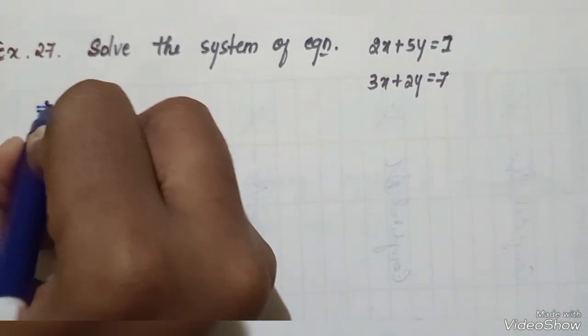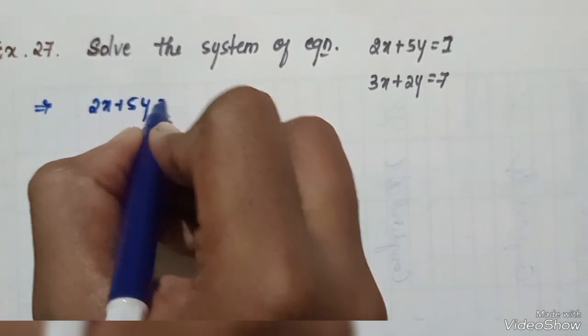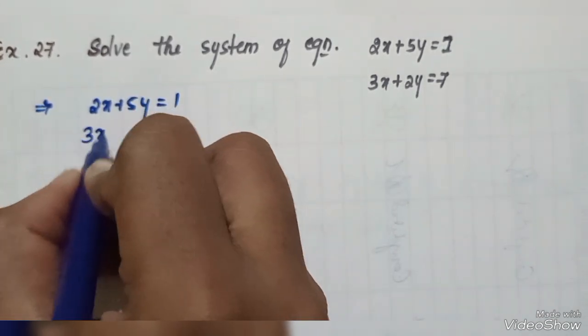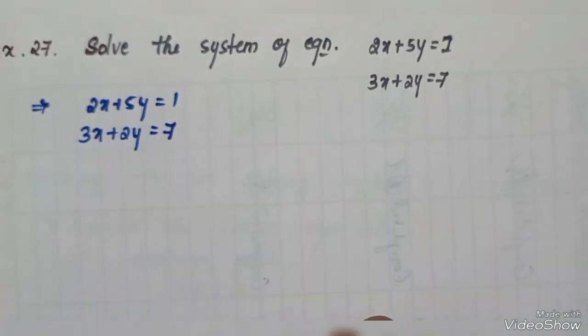Here is the first step. 2x plus 5y is equal to 1. 3x plus 2y is equal to 7. Here they gave a system of linear equations.